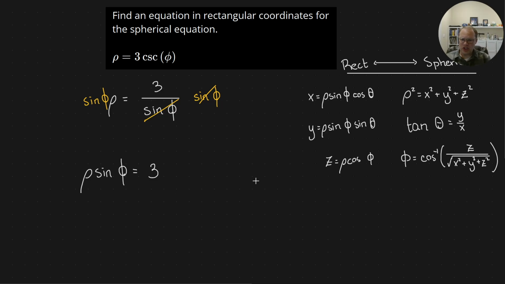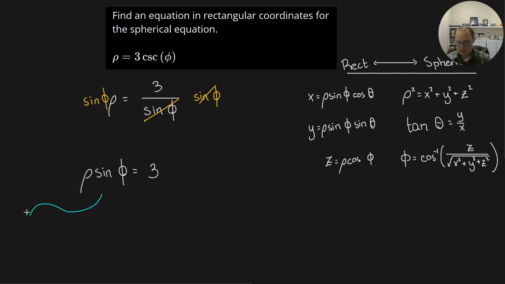I don't have just rho sine phi anywhere in these equations. I have x equals rho sine phi cosine theta. I have y equals rho sine phi sine theta. But I don't have just rho sine phi. So what else can I do here? Can I multiply both sides by cosine theta?